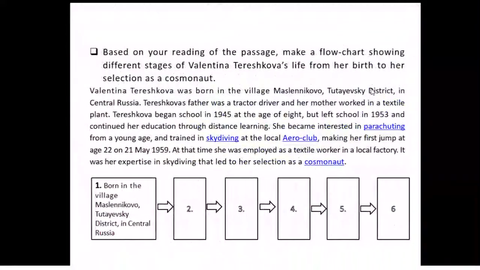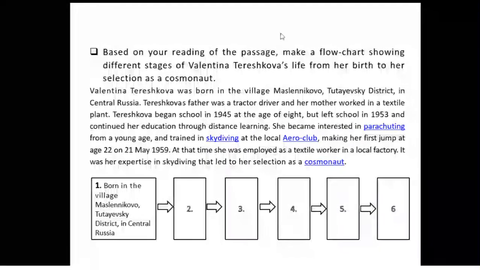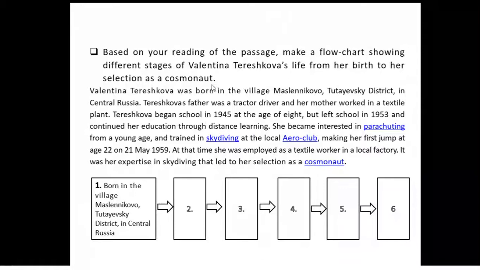Now let's come to the point, our question that we will discuss today. A flowchart. Here you find a question on flowchart, and this question has been selected from unit 1 lesson 3. Let's read the question first.